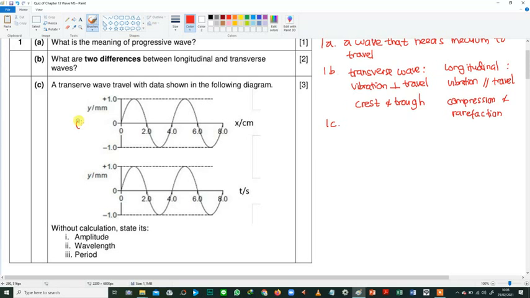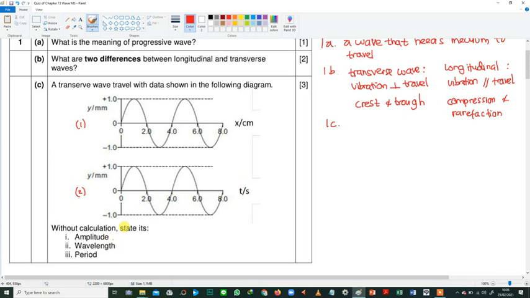For the first one, the x-axis is distance, like this one, 4 means 4 centimeter. And for the second one, the x-axis is in time, and 4 here means 4 seconds.